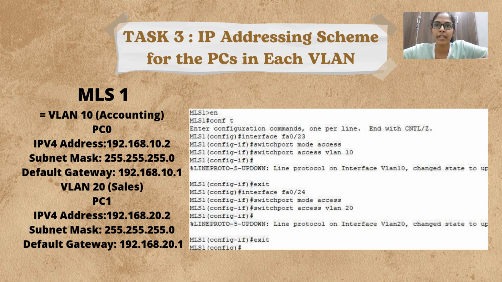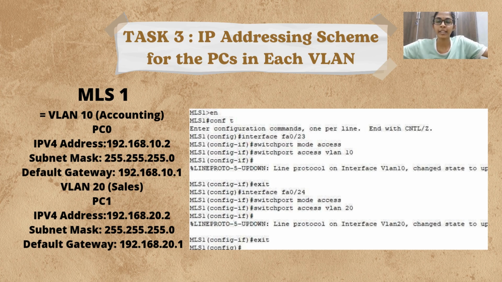MLS1, VLAN 10 accounting, PC0 IP address 192.168.10.2. Subnet mask is 255.255.255.0. The gateway is 192.168.10.1.